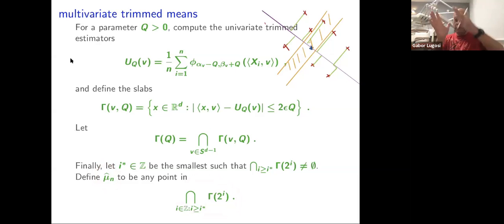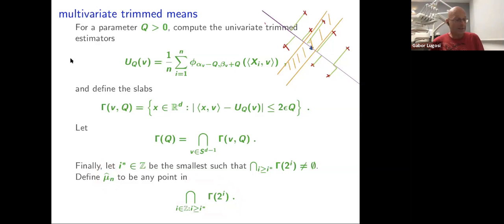So we narrow these things. We start with big fat slabs. If the set still has points, then we take half of it. We take half, and when it's empty, then we take one step back. We take that set and now take any point in that set.